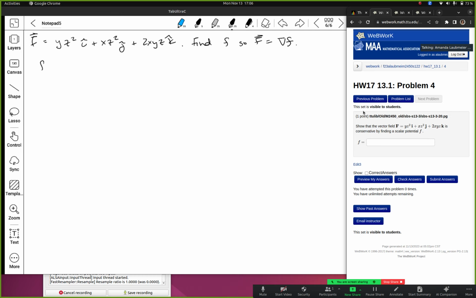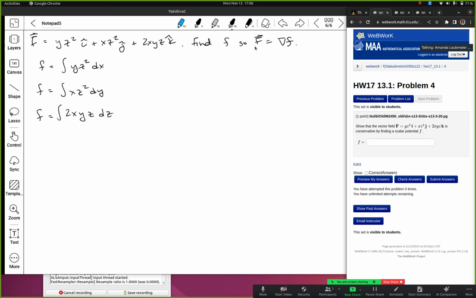So that's going to look like computing these 3 integrals right here. That comes from the fact that I want the derivatives of little f to match big F.